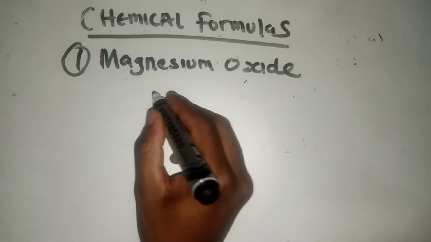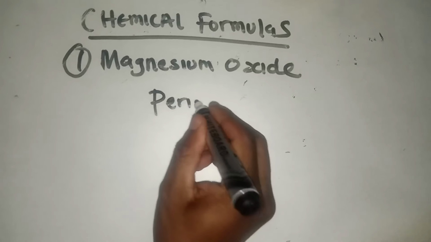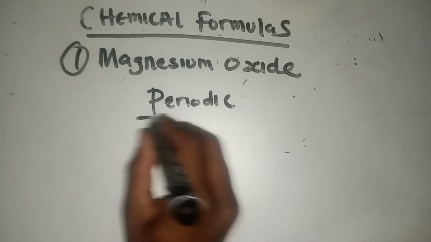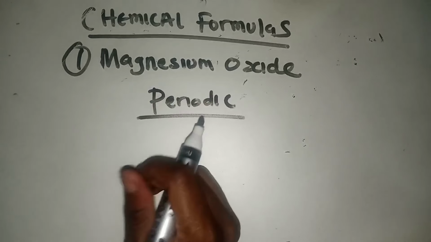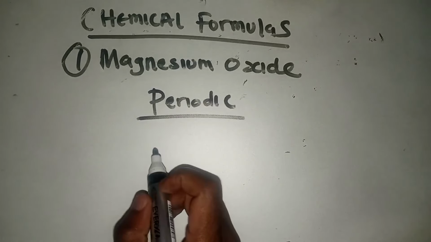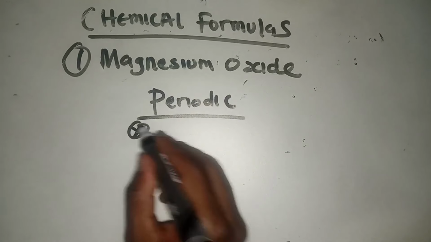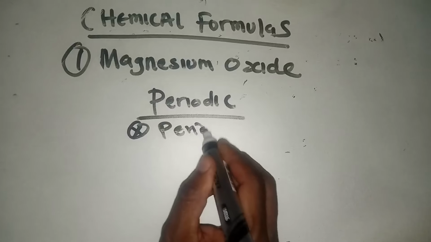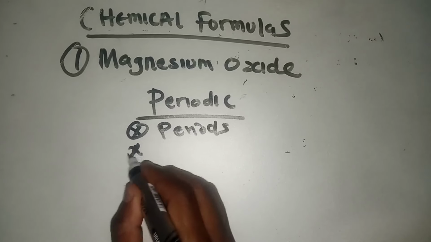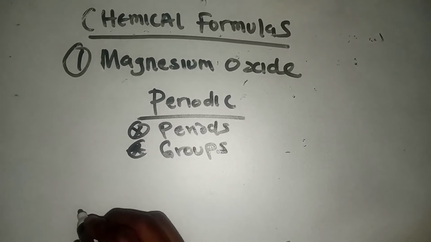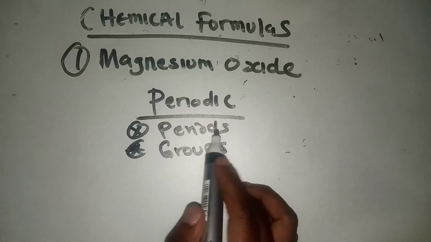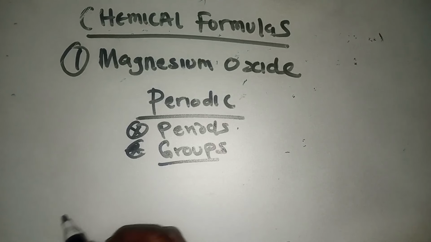The periodic table can majorly be divided into two parts, periods and groups.